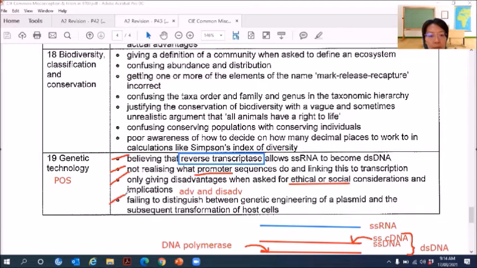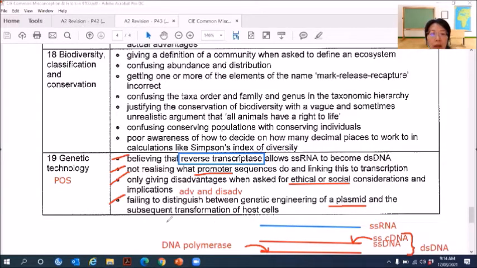Okay. Failing to distinguish between genetic engineering of a plasmid and the subsequent transformation of a whole cell. So obviously, these are 2 different steps in genetic engineering. Okay, genetic engineering of a plasmid means you add the foreign DNA into the plasmid, which acts as a vector.